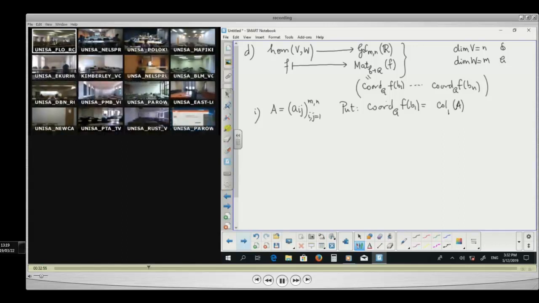That means this one, A11, A21, and so on. That is the nth column.